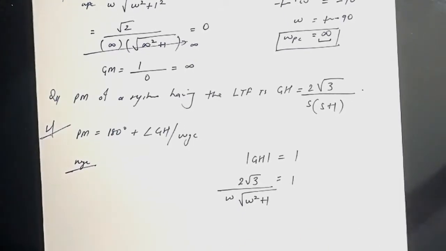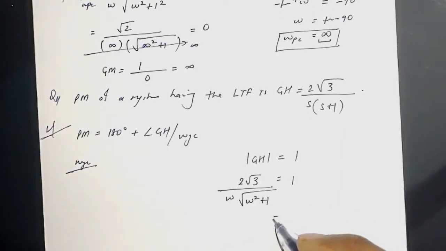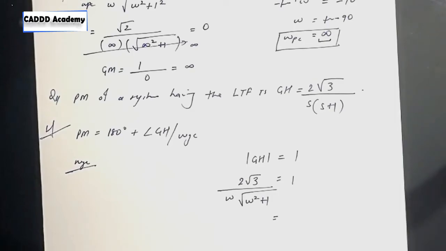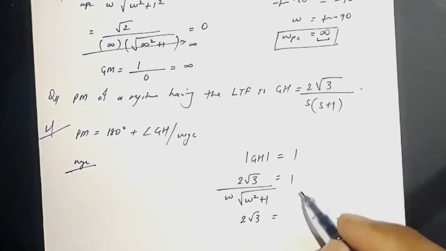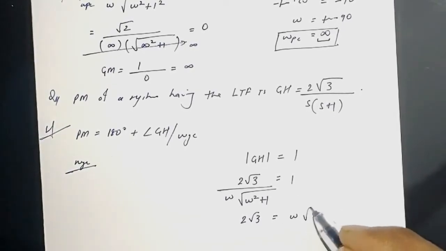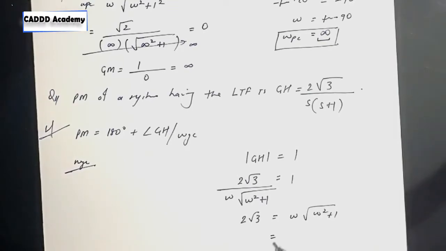So we have to get the value of omega from here, and that will be our omega gc. So 2 root 3 omega into under root of omega square plus 1.